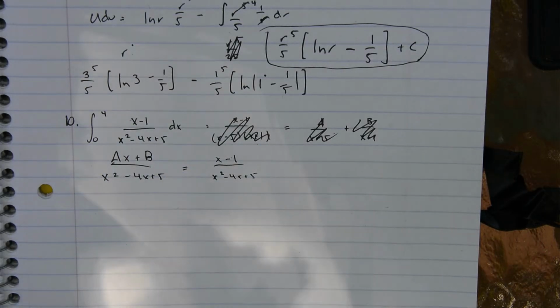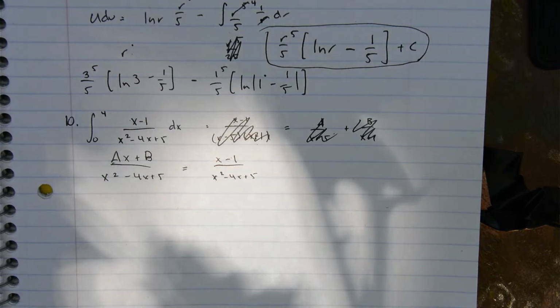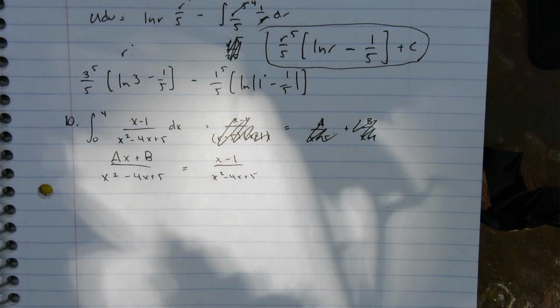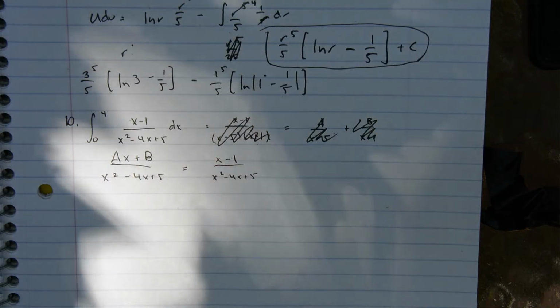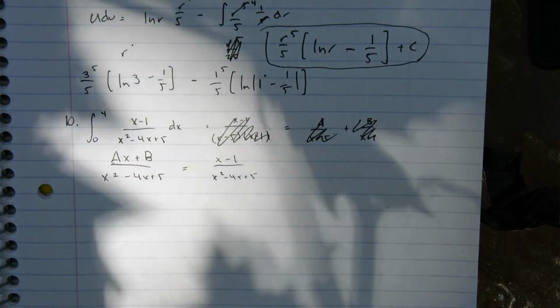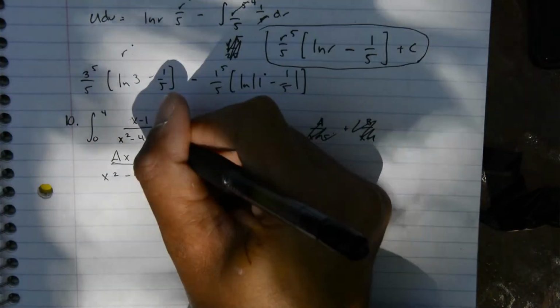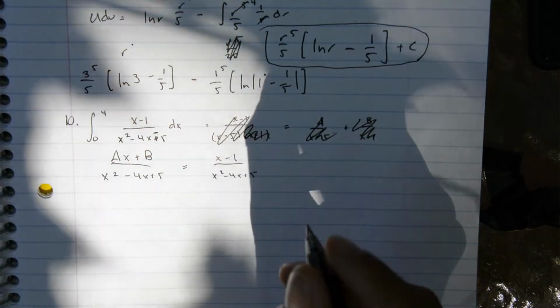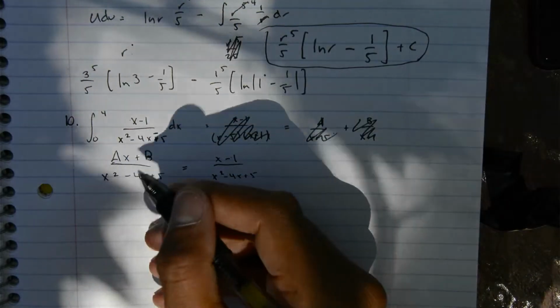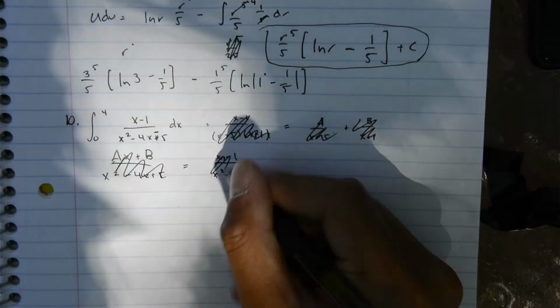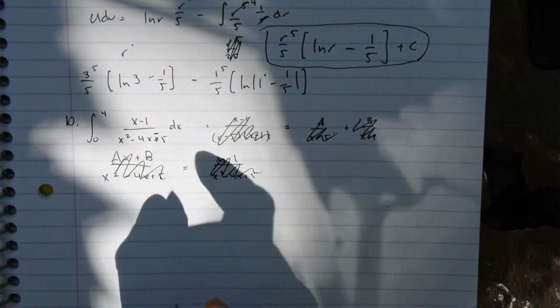What? Oh, wait. That's because I'm silly. This is a minus sign. Yeah. So this is actually correct. Hold on. Okay, so yeah, I don't know what I'm doing.